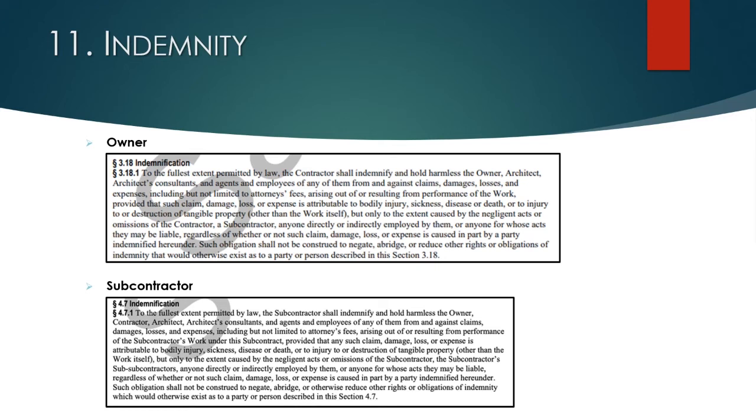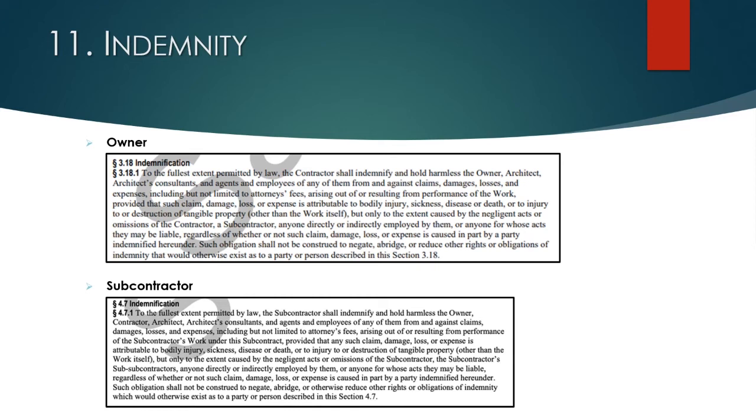When you start talking about arising out of or resulting from language, it's a little bit more broad. And so if you're looking at this provision, there are some other bells and whistles required by 725.06 that arguably you would want to include to make sure that these provisions are enforceable.